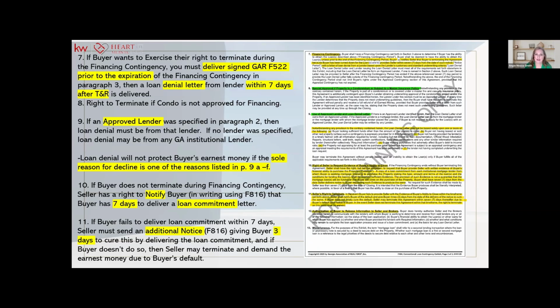But you've got to educate the lenders. So many lenders, loan officers, etc., they think that they have to have clear to close by the end of the financing contingency. They do not.